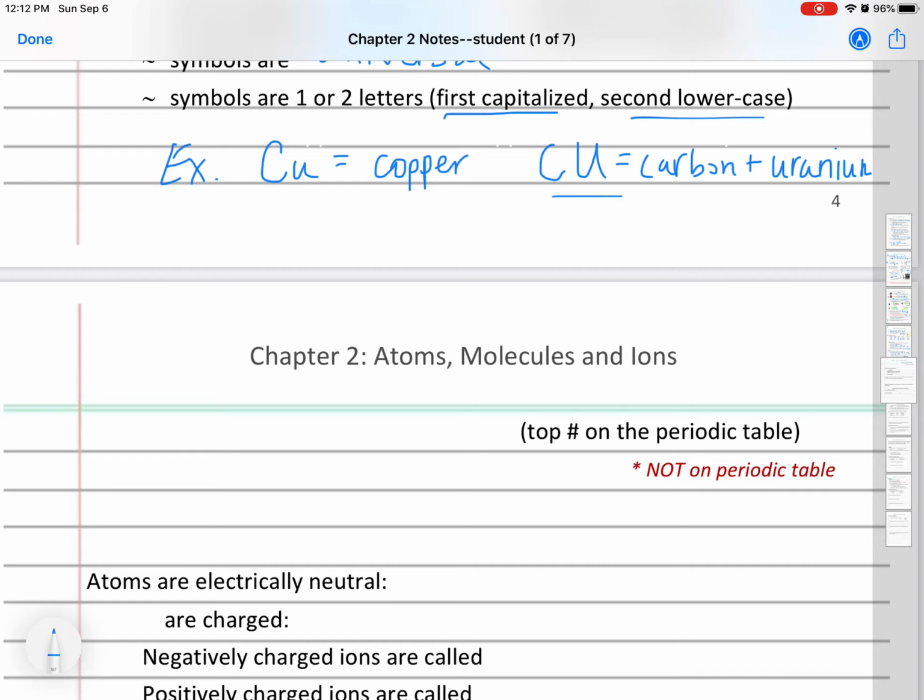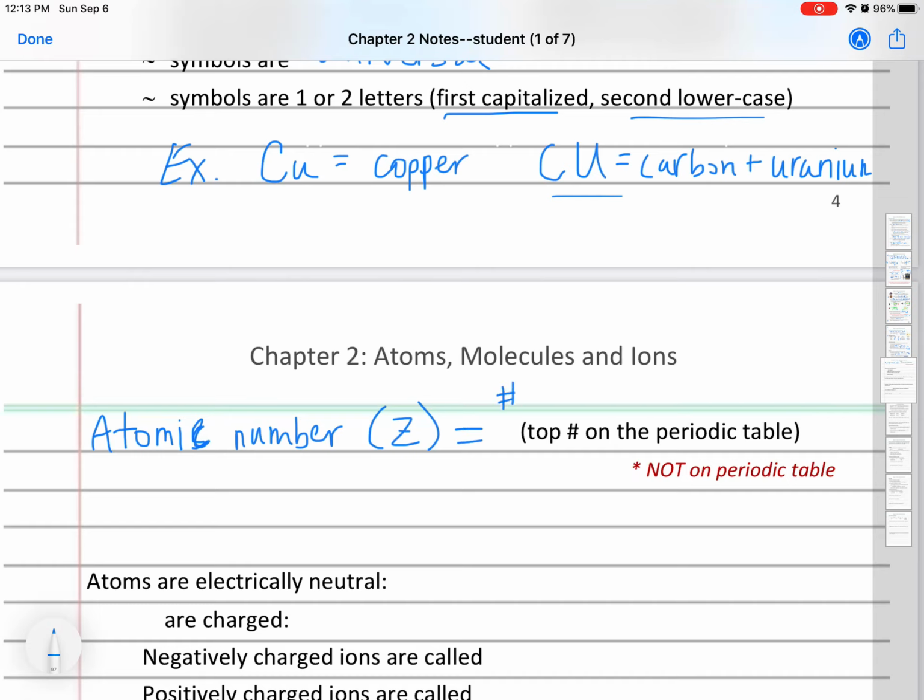All right, so about the elements in the periodic table, some important numbers to know. The first is called the atomic number. The abbreviation for the atomic number, I don't know why, is Z. What the atomic number is, you'll find it at the top of the periodic table.